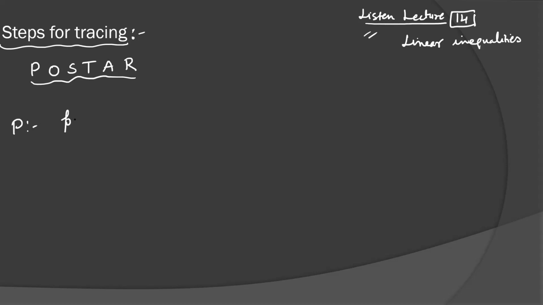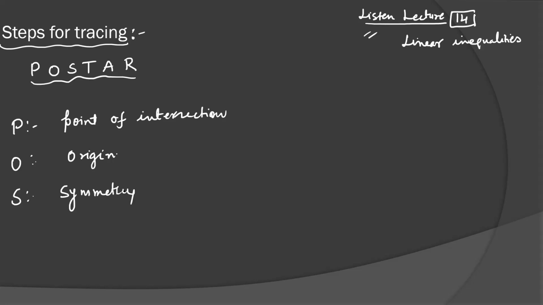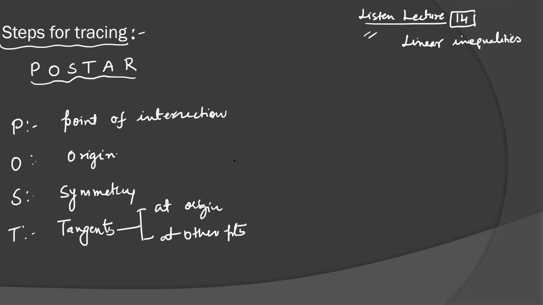P stands for point of intersection, O stands for origin, S stands for symmetry, T stands for tangents at origin and at other points, A stands for asymptotes, and R stands for region.